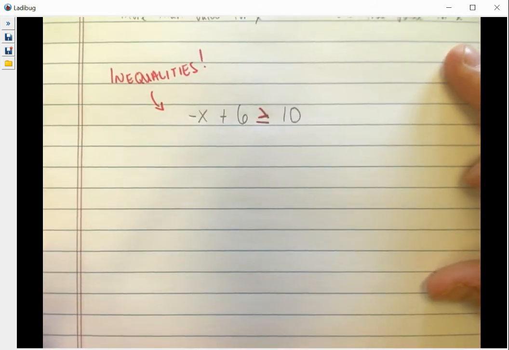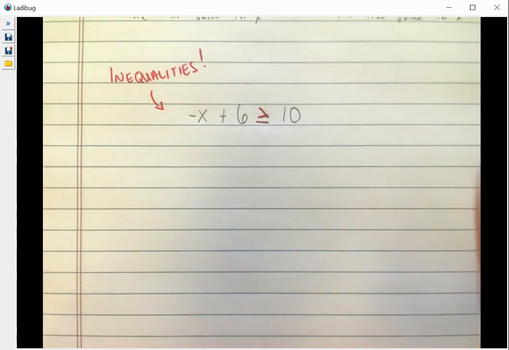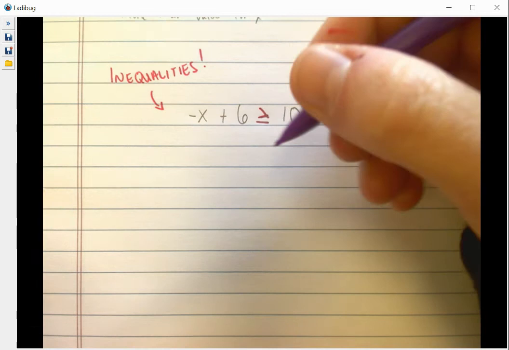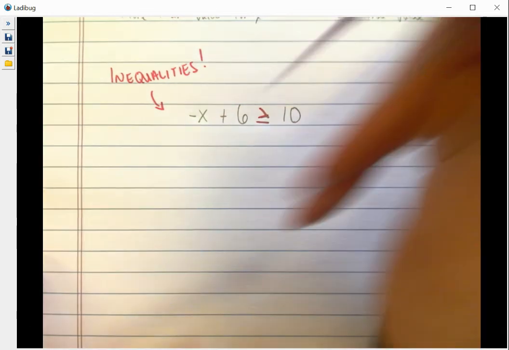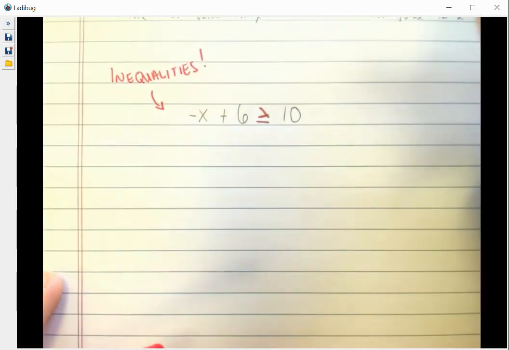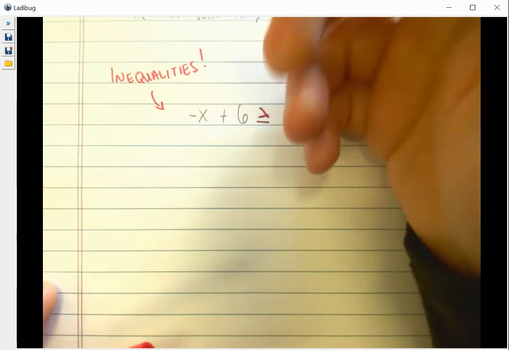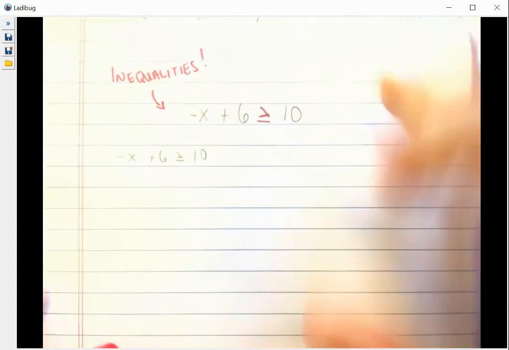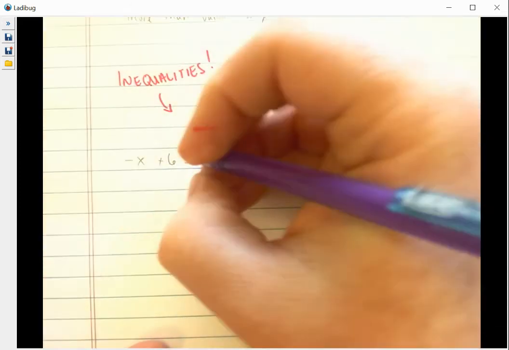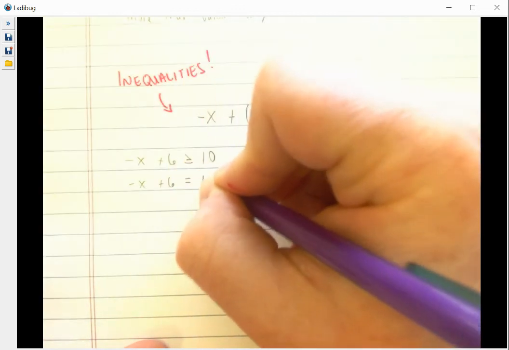So let's look at our scenario again. Negative x plus 6. I want to figure out what x is, what makes this inequality true. There's a couple ways you could do this. First, we're going to solve for it, and then we're going to show it on a graph or a number line. So if I do my negative x plus 6 is greater than or equal to 10, I can solve this the same way that I would with an equal sign.